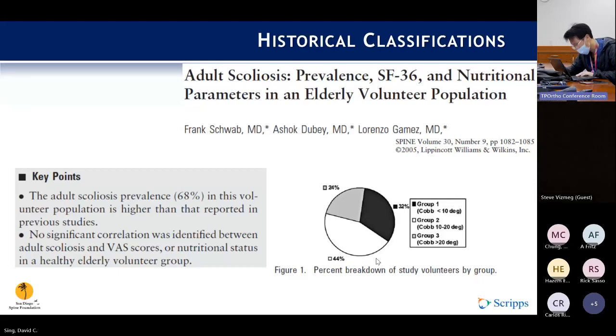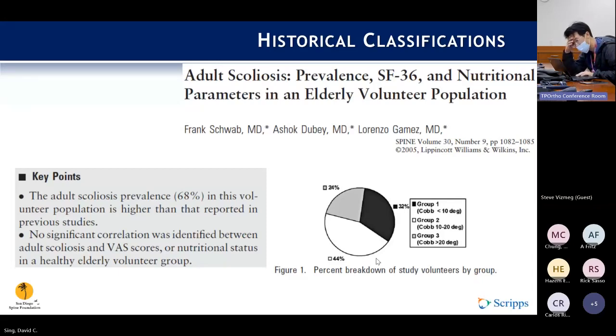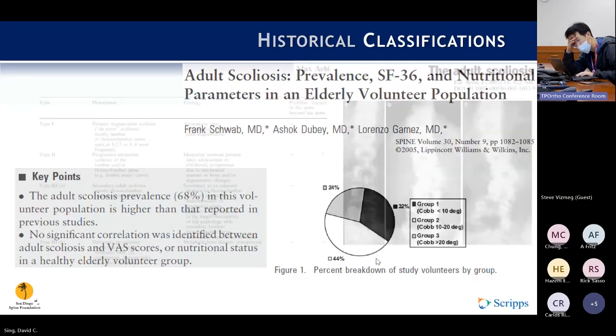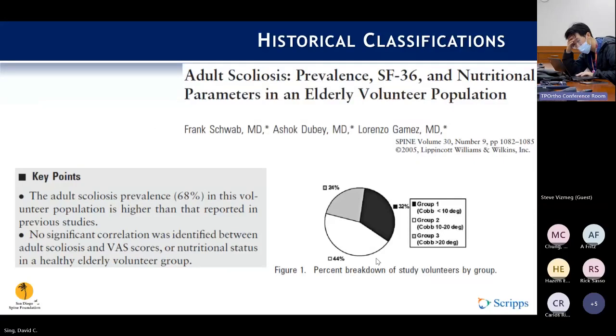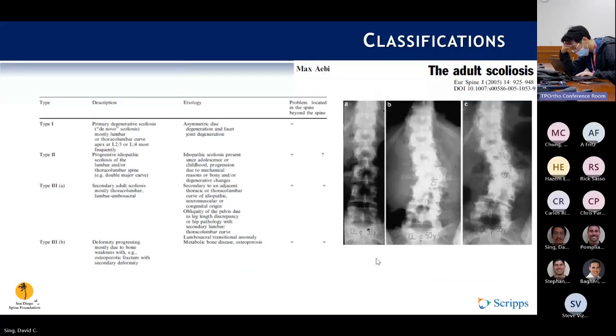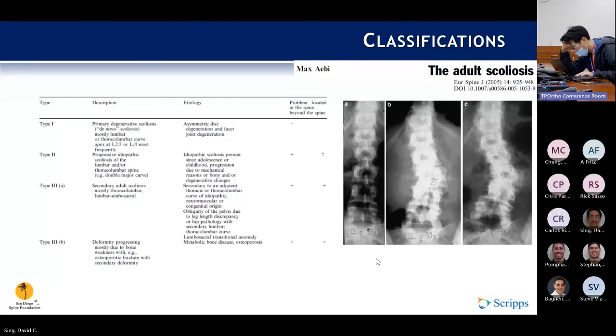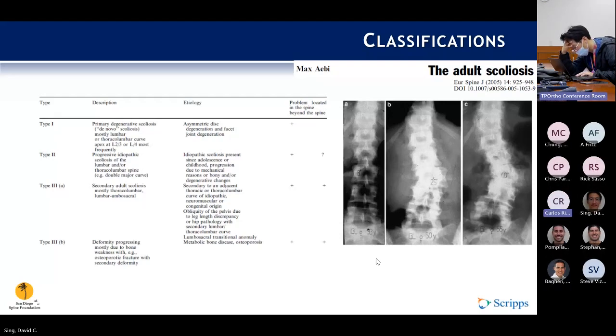And then in 2005, this study by Aebi proposed a classification for adult deformity, with type 1 being a de novo curve, mostly with limited disc degeneration, not showing any signs of disc degeneration.